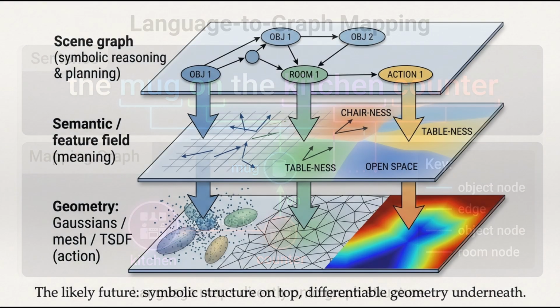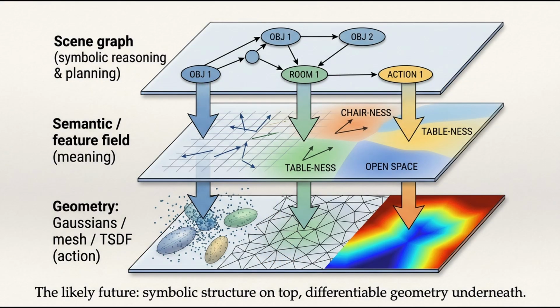Now, a scene graph doesn't replace geometry, it organizes it. In a well-designed system, the graph is the high-level index, and each object node can point down to a detailed geometric representation, a mesh, a set of Gaussians, a feature field, when fine manipulation actually requires it. This layering is, I think, where the field is heading.